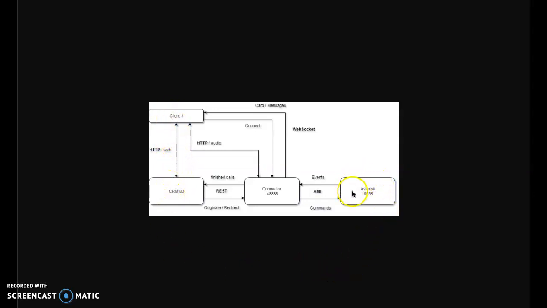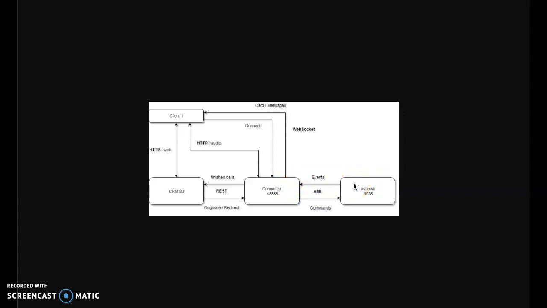Also, we have Asterisk. To make Asterisk talk with the CRM, we need additional intermediate software, which is named a connector, or in our case, PINConnector. PINConnector listens to events from Asterisk by the AMI protocol and sends commands to Asterisk as well.